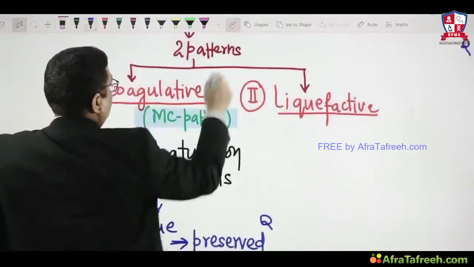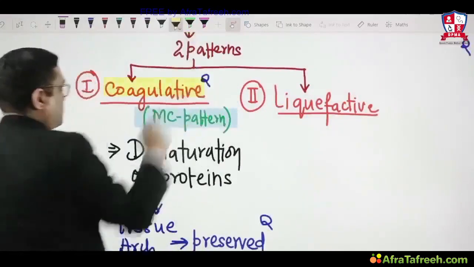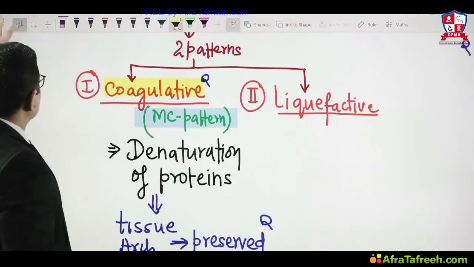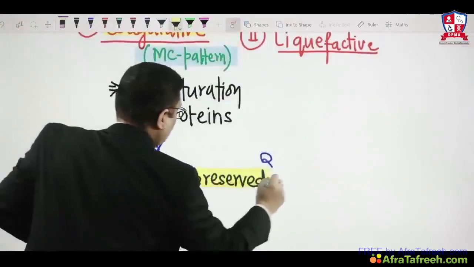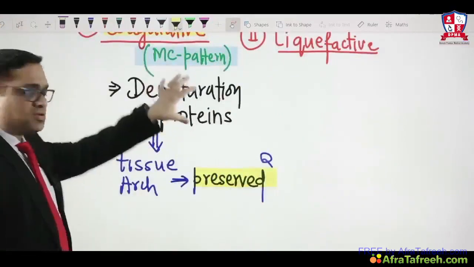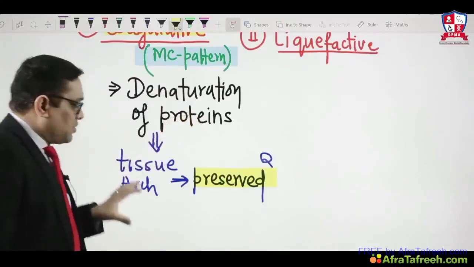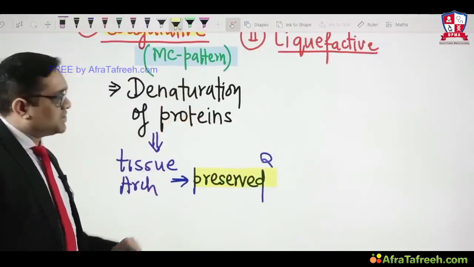So tissue architecture is preserved in coagulative necrosis. Keep that in mind. In coagulative necrosis, denaturation of protein is the pattern where tissue architecture is preserved, and that is why it is called coagulative necrosis.